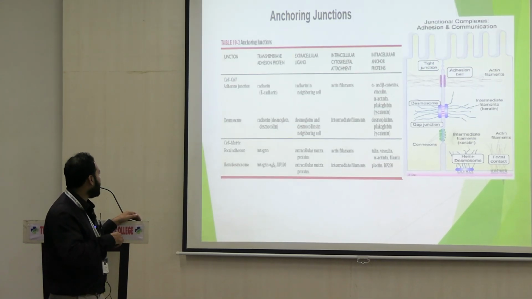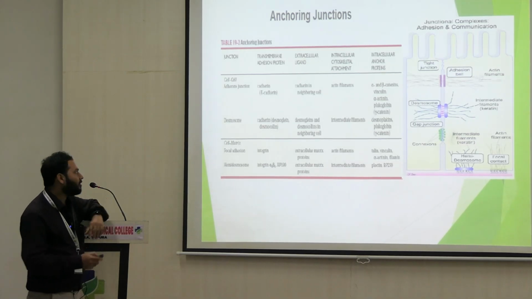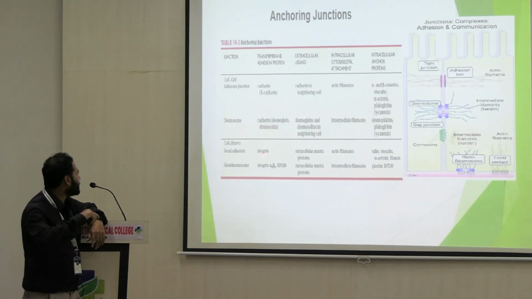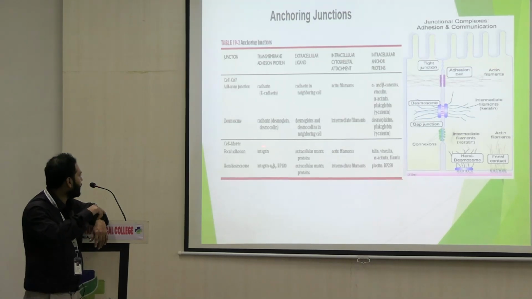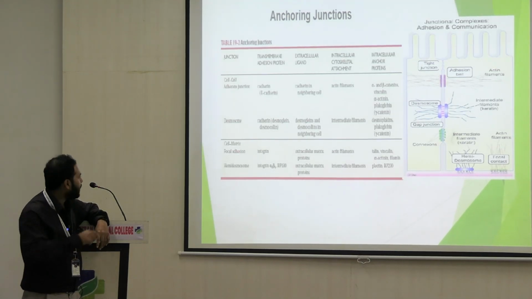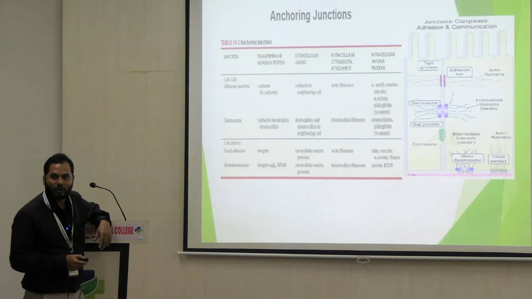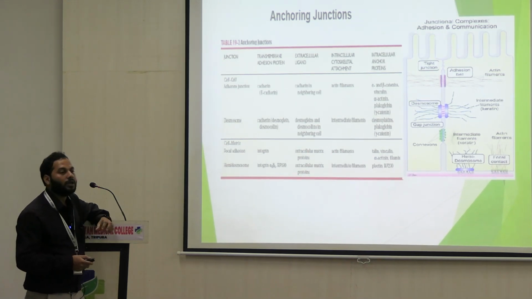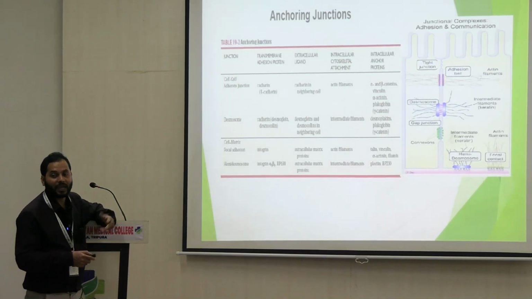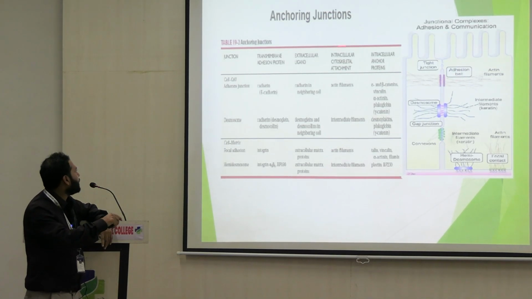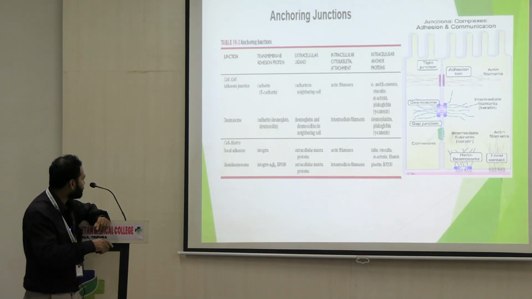But if you see the cell-to-matrix structures, which are also part of anchoring junctions, in focal adhesions the most important adhesion protein is integrin. It is attached to the extracellular matrix, as we have already seen, specifically to the extracellular matrix protein of the fibronectin type. And the intracellular cytoskeletal attachment is actin filaments.